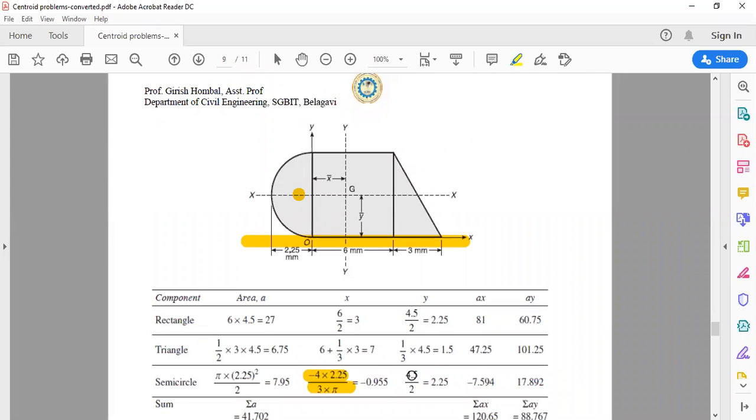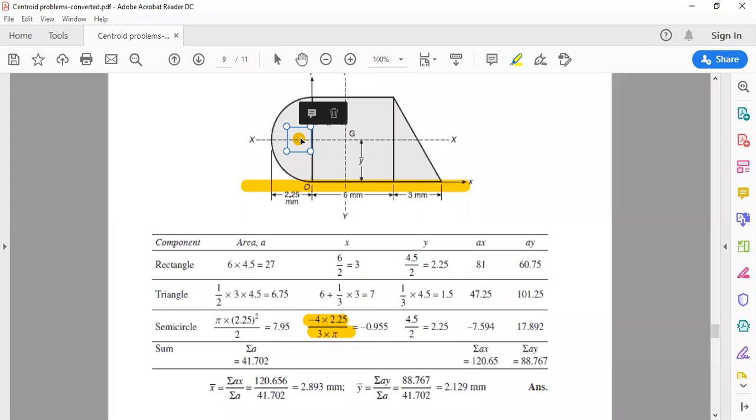So d by 2, the diameter is 4.5 divided by 2, which is 2.25. Obviously this will be with a positive sign because you are measuring it in the positive direction of the y-axis. Therefore it is 2.25.